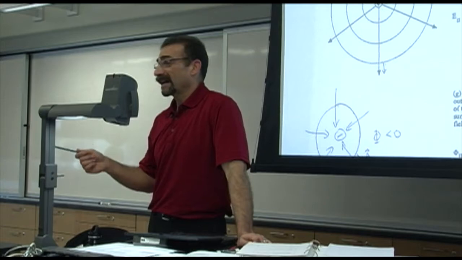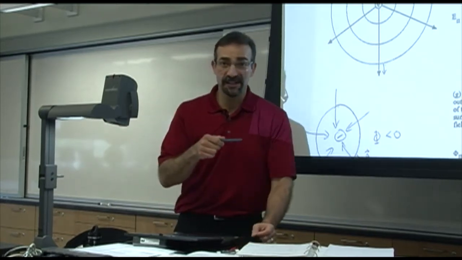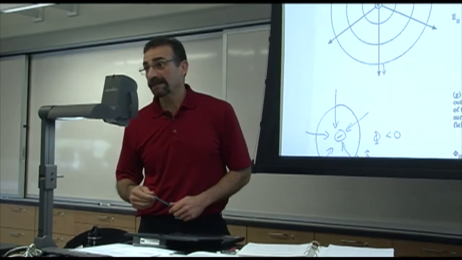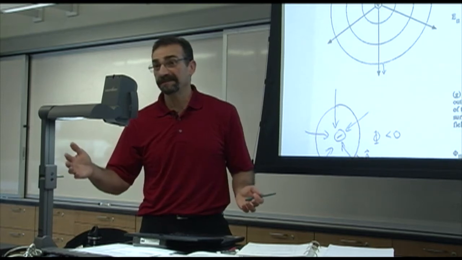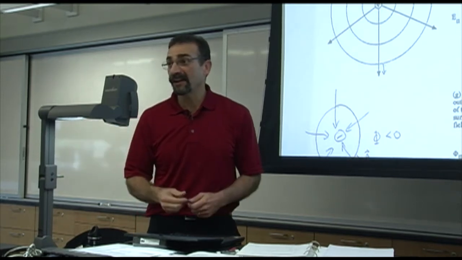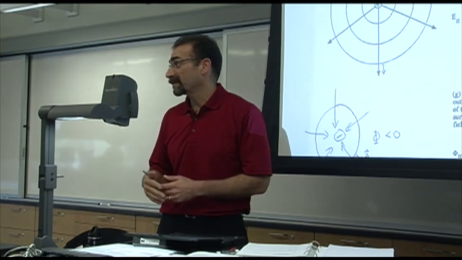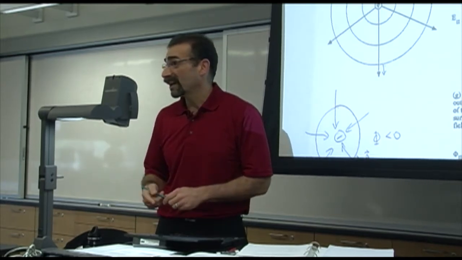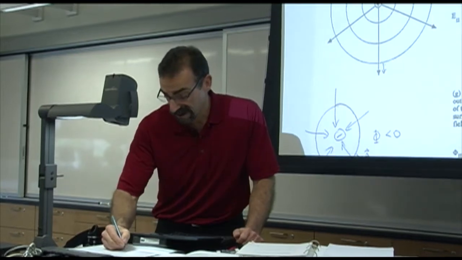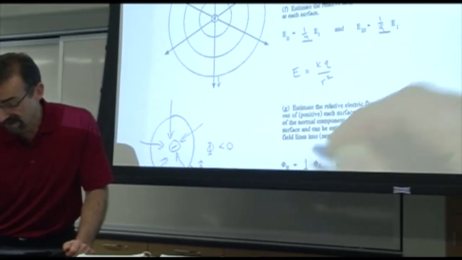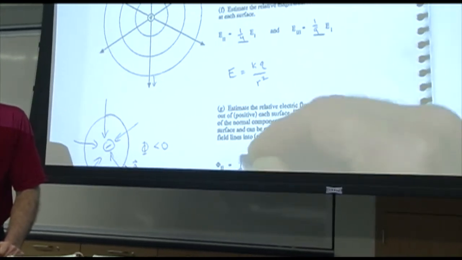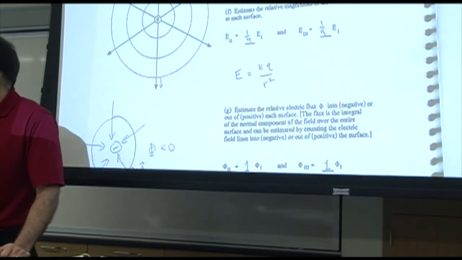But we have to multiply it by the electric field on that surface. And what happens to the electric field as we move further away? It goes down by a 1/4 factor, right? So what do we get when we multiply those together? The same thing. The flux doesn't change. You see that now?